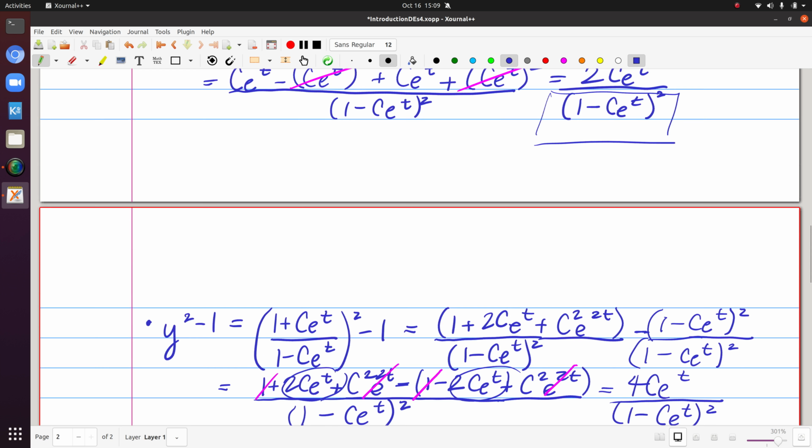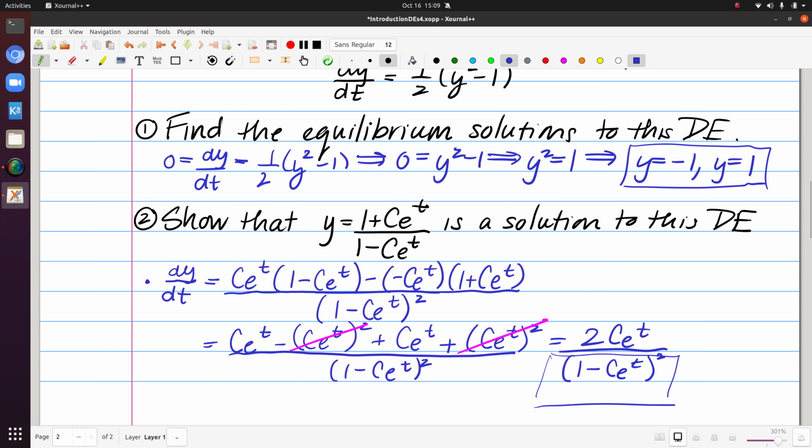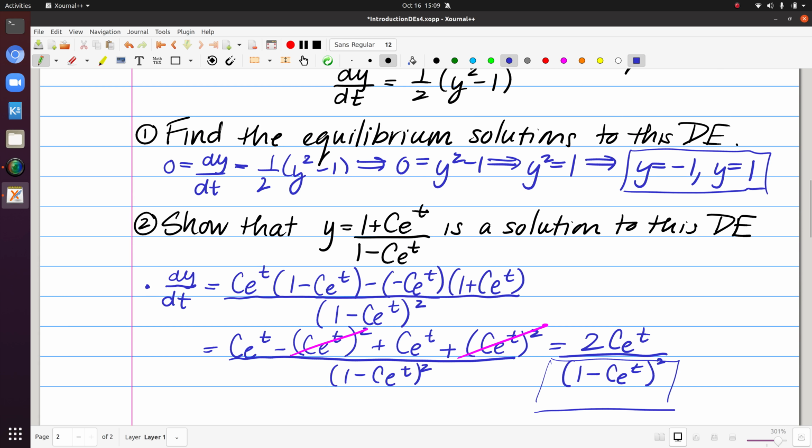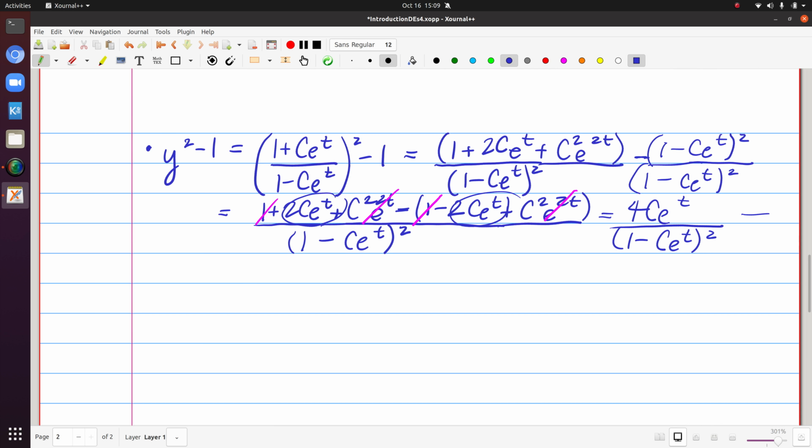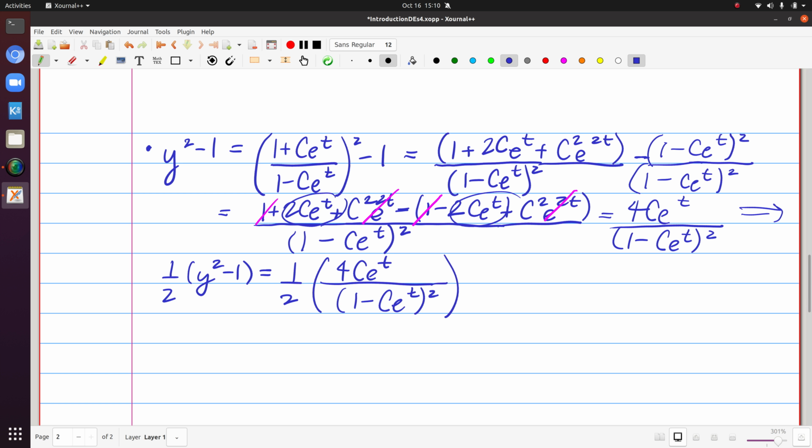But importantly, if we go back to the differential equation, I'm missing so far the multiplier of 1/2. So really the right hand side would be 1/2 times y squared minus 1, which now we know is 1/2 what I ended up with in the previous line. And that makes this now, instead of 4, a 2 in the numerator.